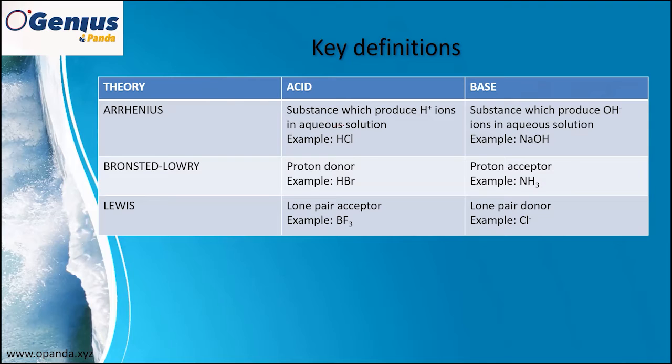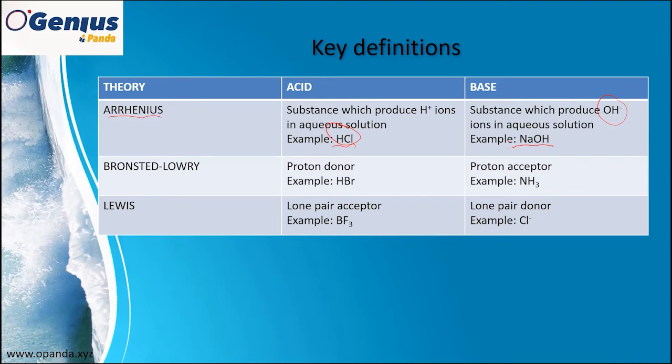We have an example of HCl. And a base is a substance which can produce OH- ions in an aqueous solution, such as sodium hydroxide. So this is an acid according to the Arrhenius theory, and this is a base according to Arrhenius theory.